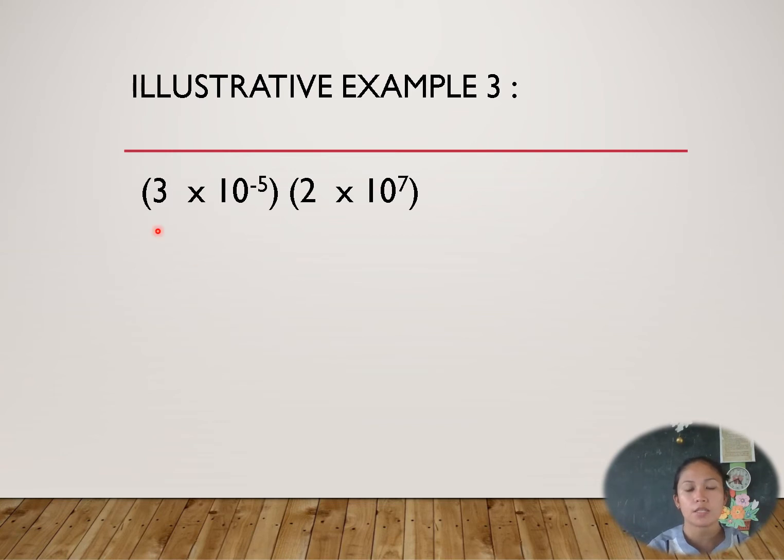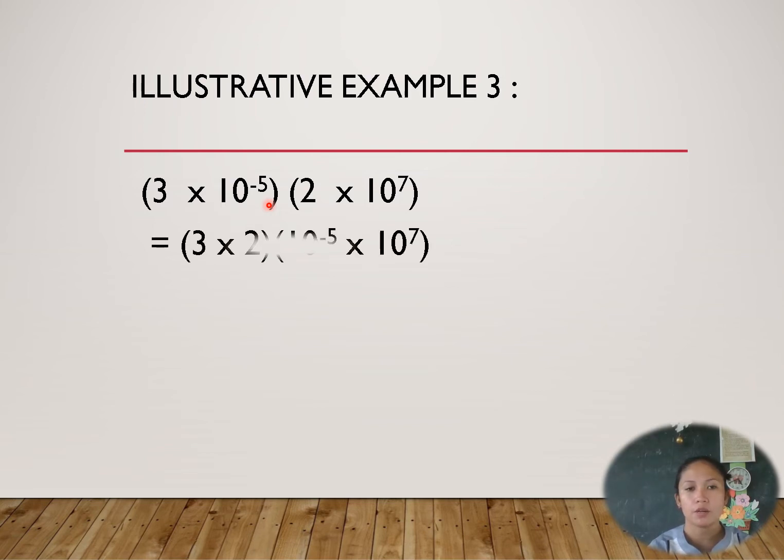The given is 3 times 10 to the power of negative 5 multiplied by 2 times 10 to the power of 7. Take note that the parenthesis here means multiplication. So we can apply the product of a power, wherein for the powers of our second factors, we will just add.